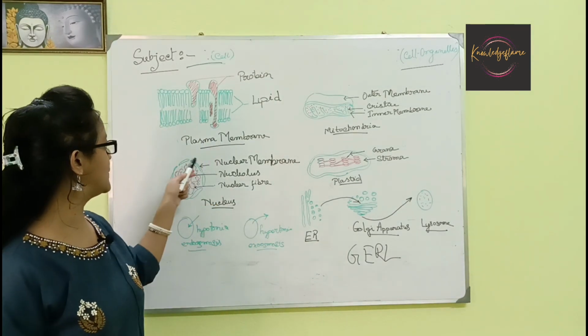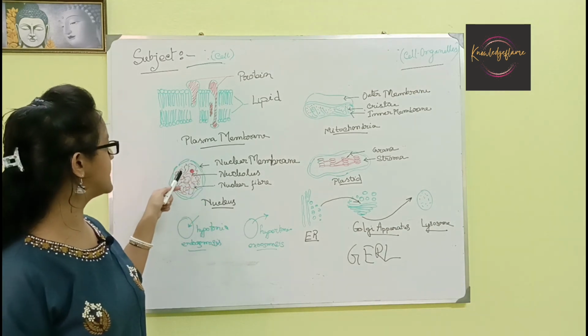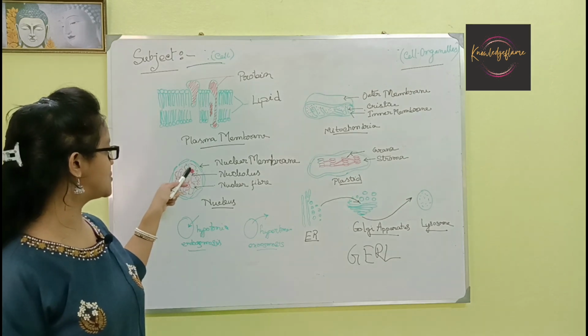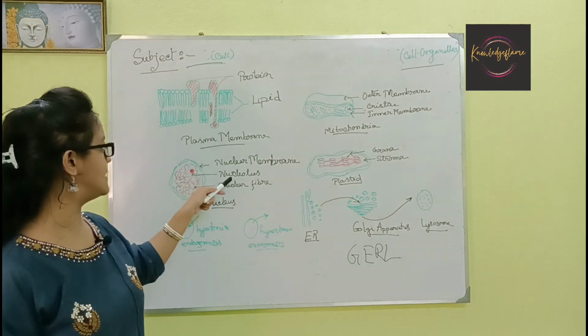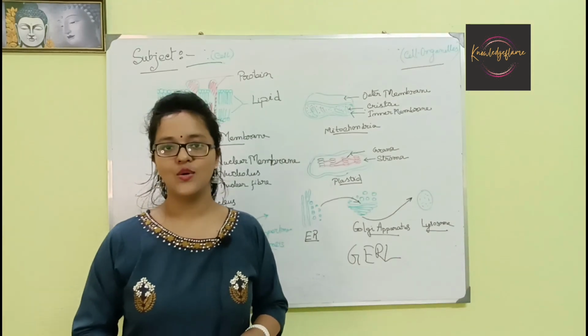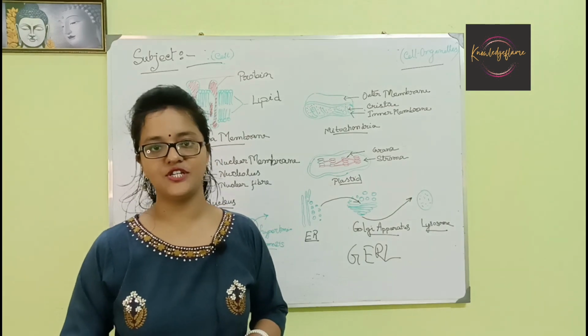Here it is the nuclear membrane which is porous, and inside the nucleus there is nucleoplasm, and this is the round shaped dense nucleolus, and these are chromatin fibers which are condensed to form chromosomes during cell division.